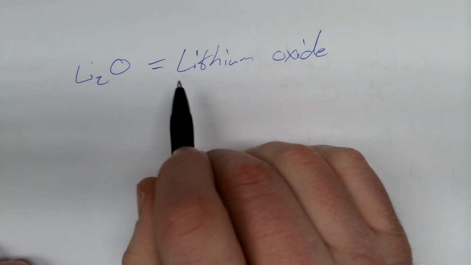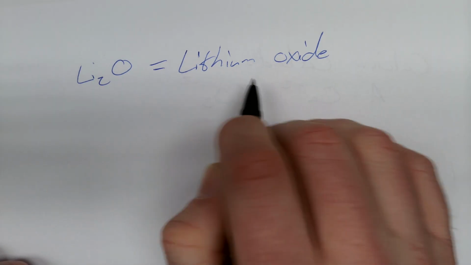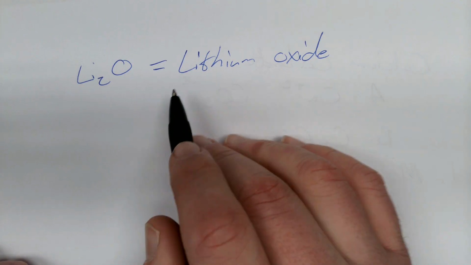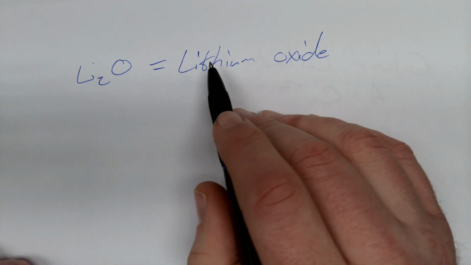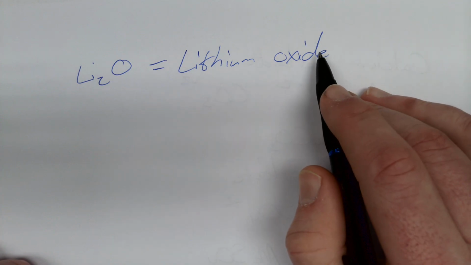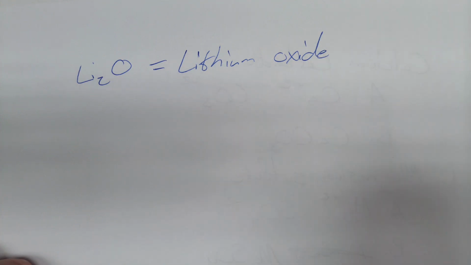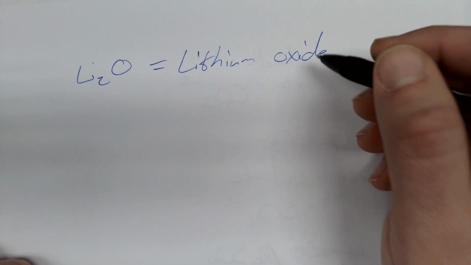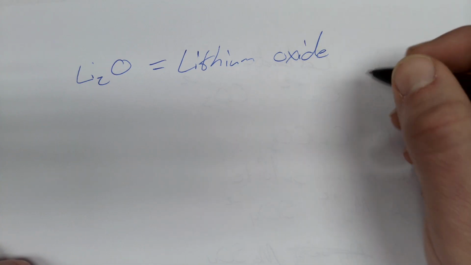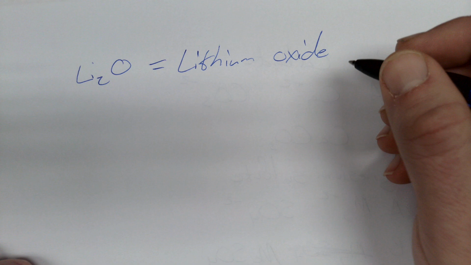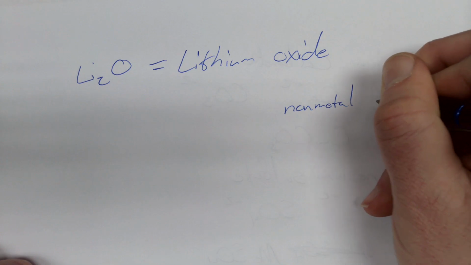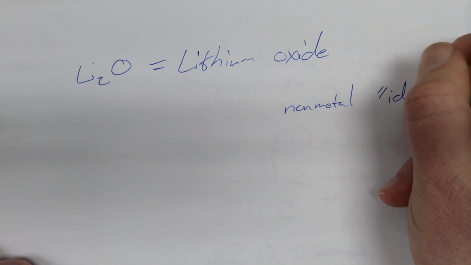No mention that I needed 2 lithium ions for this formula to work. The name was always just going to be the metal, the cation, and the anion. If it's a single element, such as nitrogen, oxygen, fluorine, chlorine, iodine, sulfur, phosphorus, it's always going to be the nonmetal with the end cut off to put "ide."